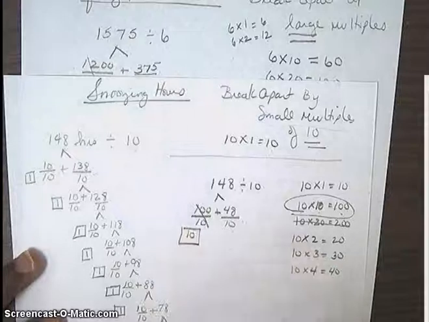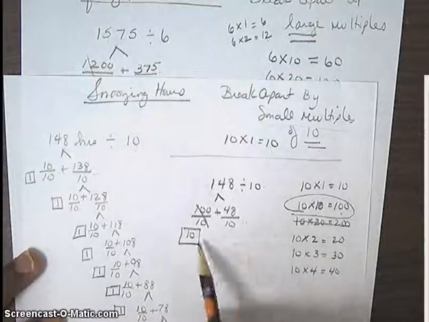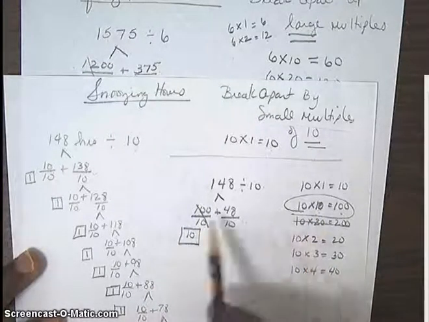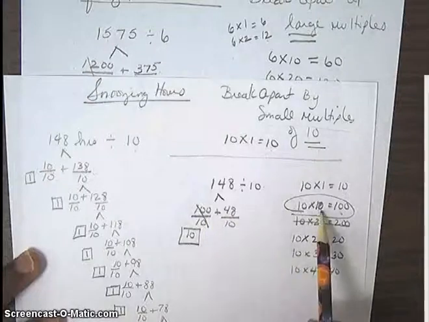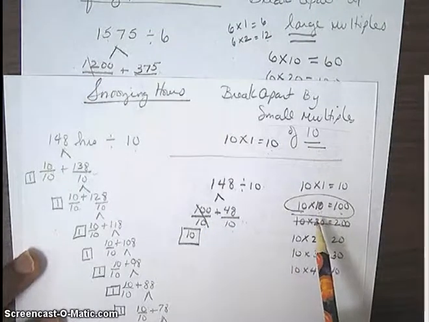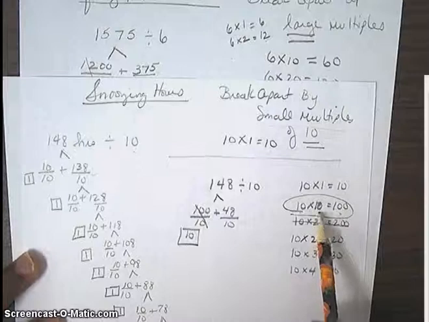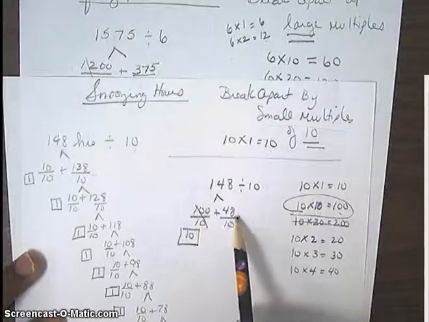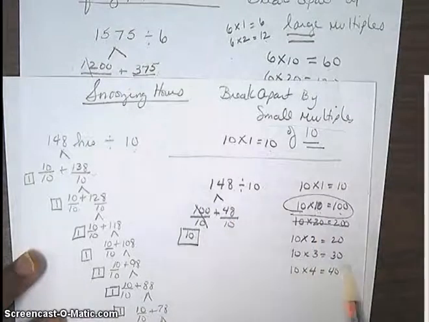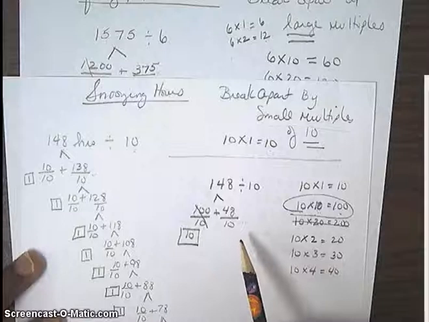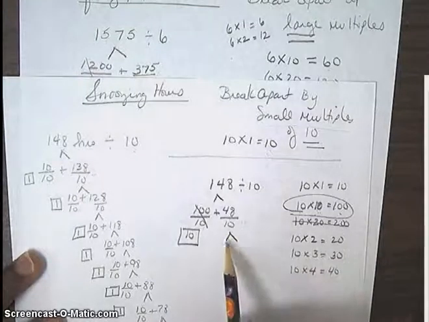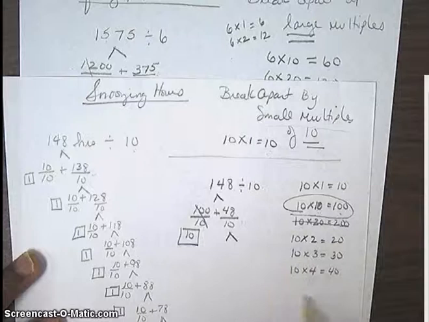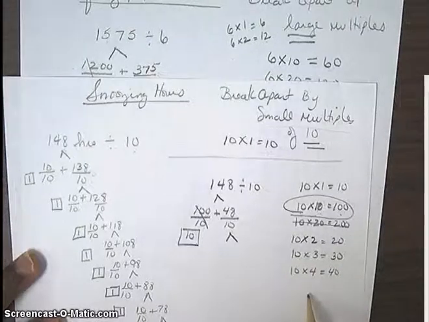10 groups. These are inverse operations of each other, ladies. We know that division is the same thing as multiplication, just the opposite. So if you know one, then you know the other. Let's look at this one, 48 divided by 10. That one may still be a little challenging for some of us, so we're going to break it apart. Looking at our list of multiples, how about this one?